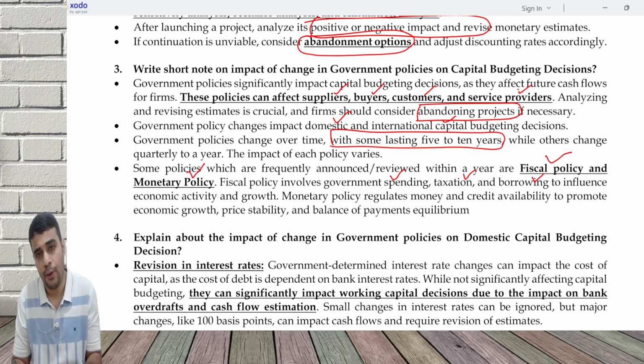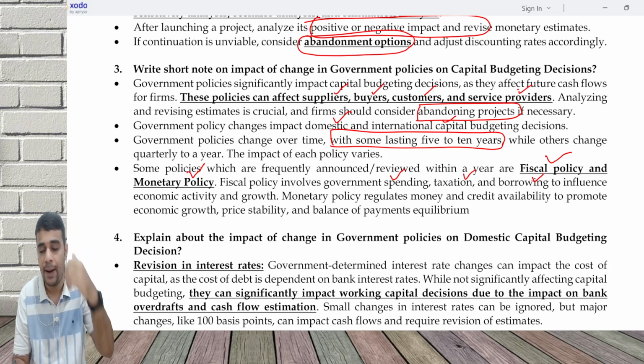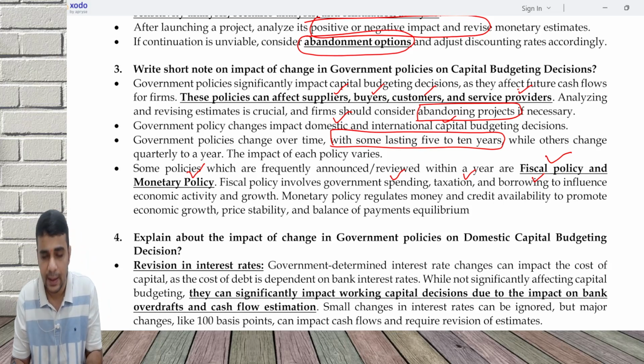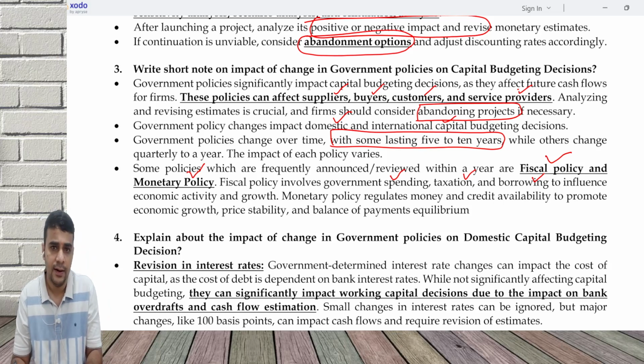And monetary policy, where they are trying to promote economic growth, price stability, and balance of payment through regulating the money and credit availability. Primarily, monetary policy runs through the RBI, where the interest rates in the country are determined. The focus is on determining the interest rates in the country.